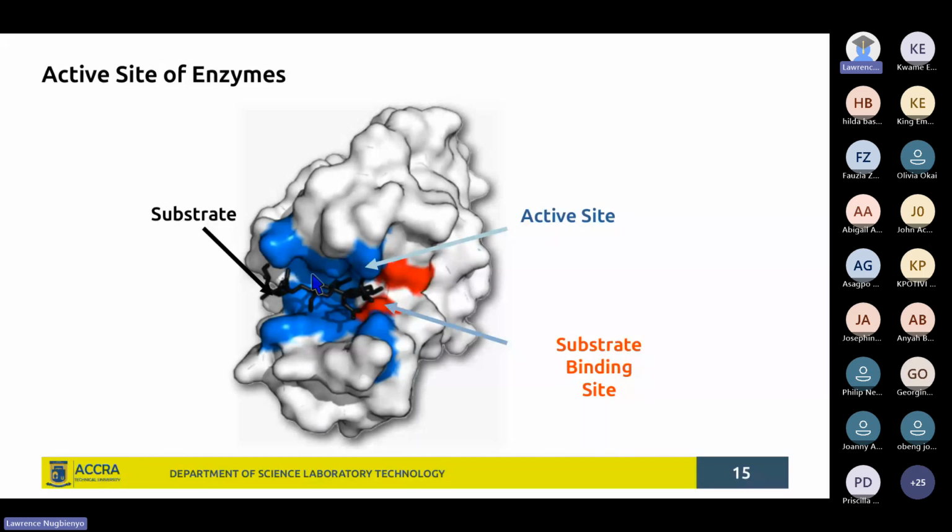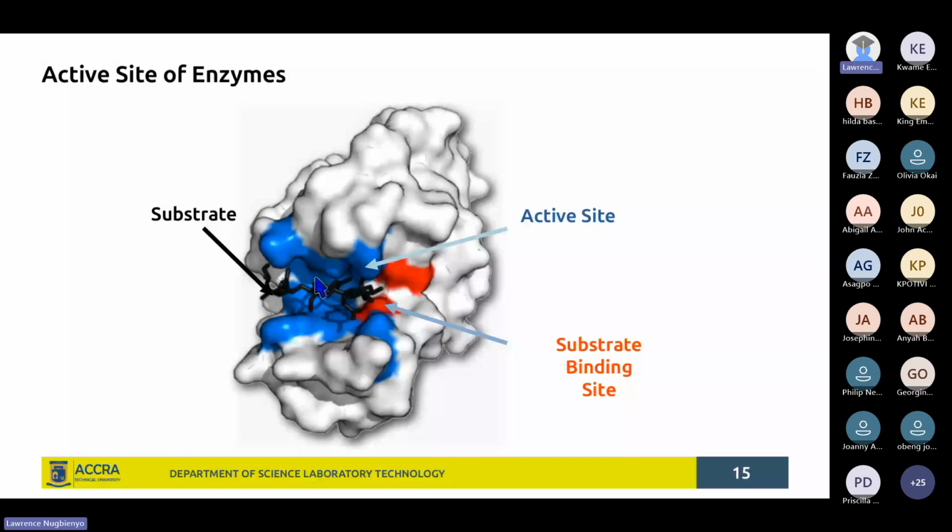But even in that pocket-like structure, which is the active site, there are specific portions, specific parts that are going to have interaction with the substrate.